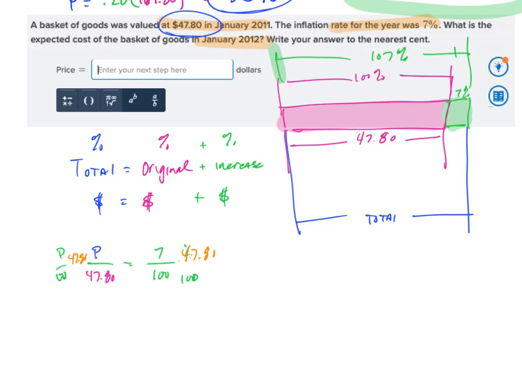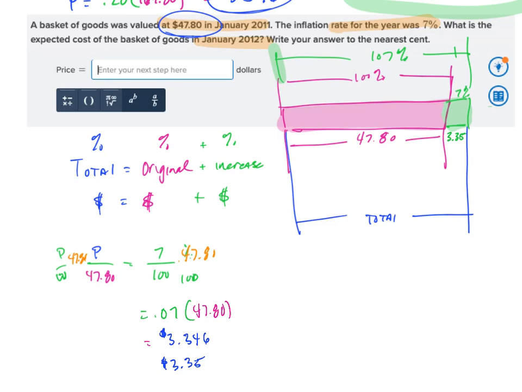And 7 over 100 is 0.07, so I'm really going to multiply 0.07 times the 47.80, which is going to give me 3.346. Remember, we're talking about dollars, right? So we're going to round this up to be $3.35. That's how much it's going to increase. So that's this part here, $3.35, and 35 cents.